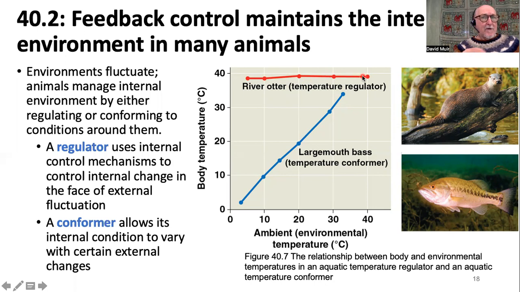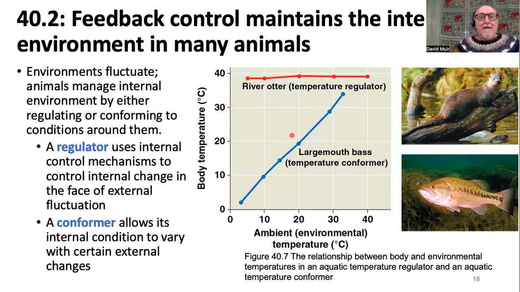So the river otter is a temperature regulator. And the fish, on the other hand, is at the mercy of its environment. It is called a conformer because it has no means of maintaining a constant body temperature. It ends up conforming to the environmental temperature.